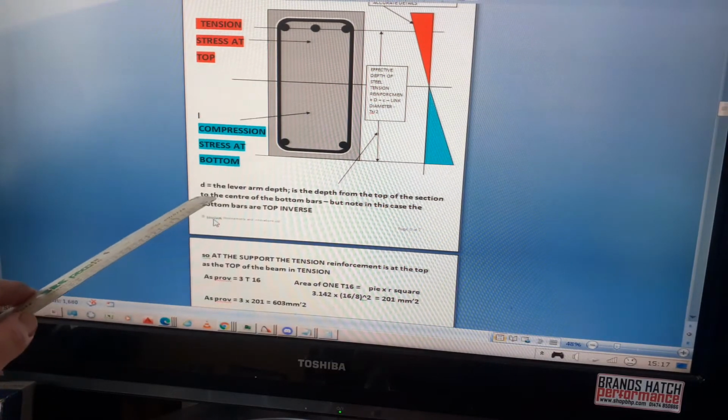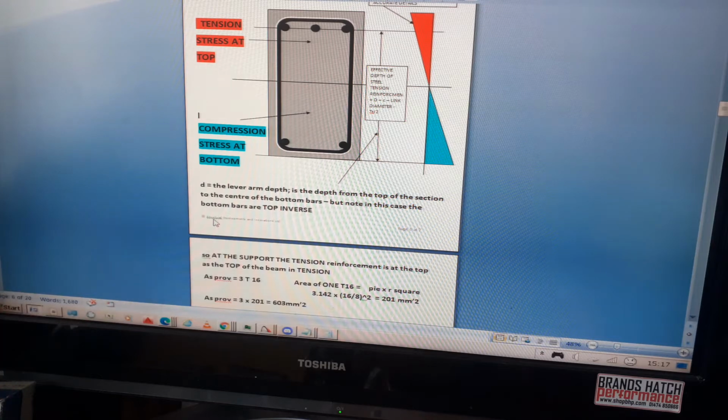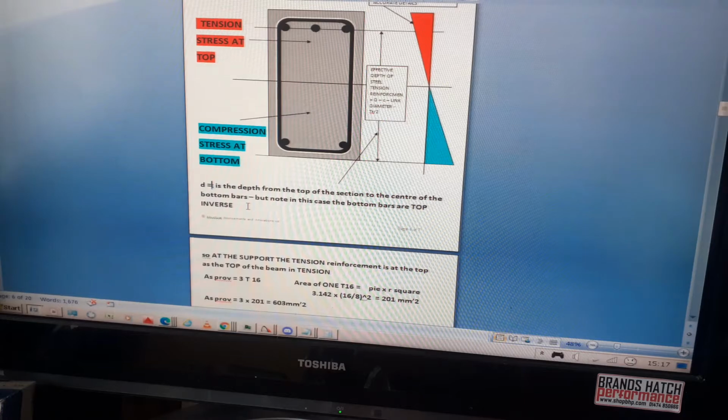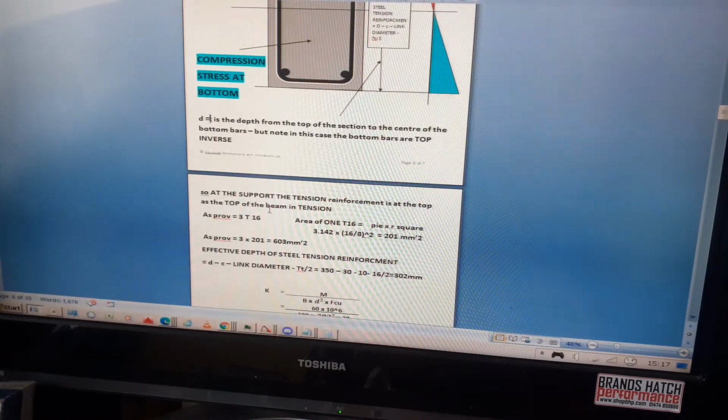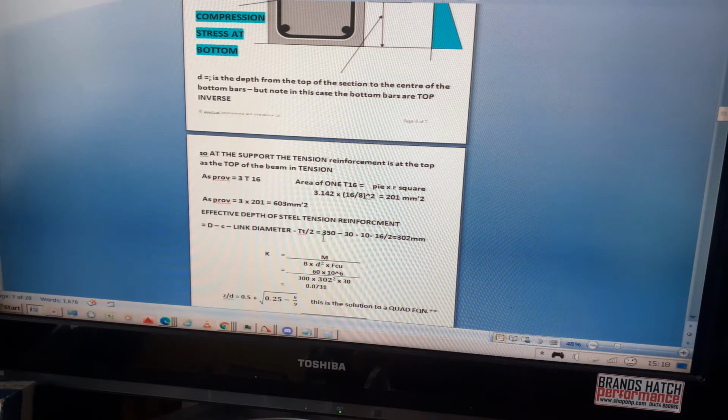D is the depth from the top of the section to the center of the bottom bars, but note in this case the bottom bars are the top. So the effective depth of the steel tension reinforcement is D minus C minus link diameter minus T over 2. So that's 350 minus 30 minus 10 minus 16 over 2, which is 302 millimeters.